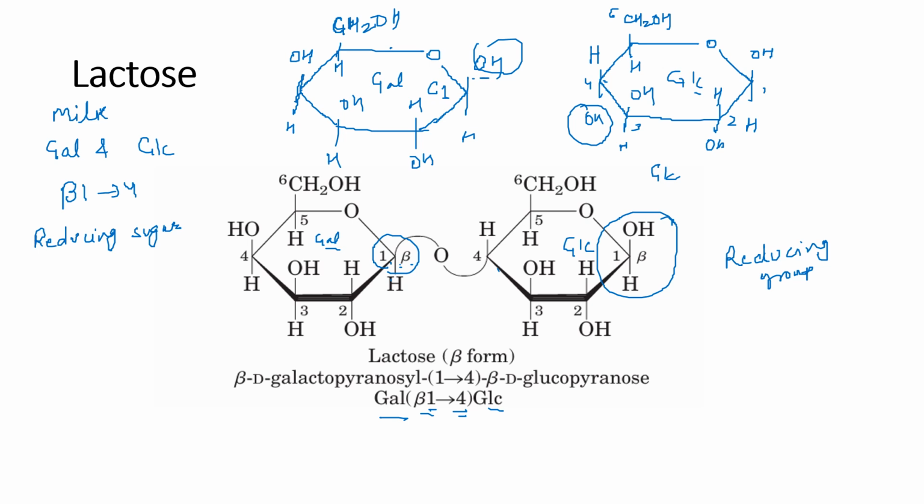The glycosidic bond in lactose is between the C1 of galactose and C4 of glucose, and this is how you will draw the structure of the glycosidic bond.